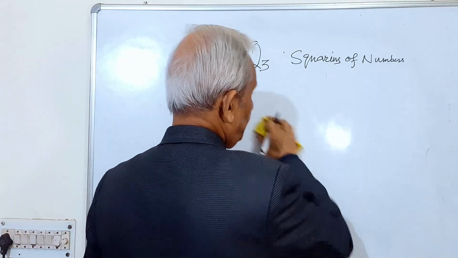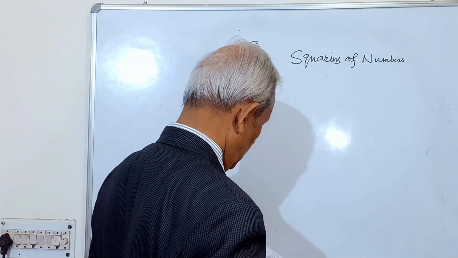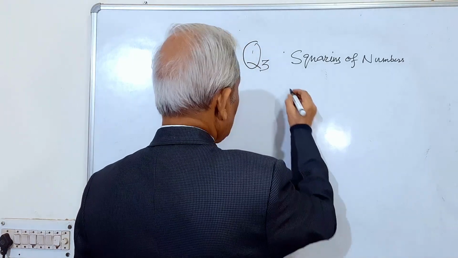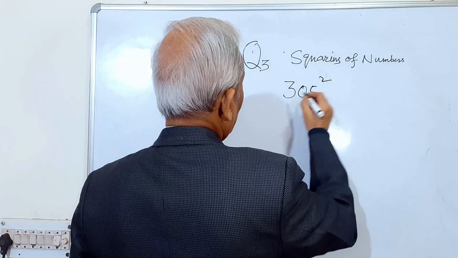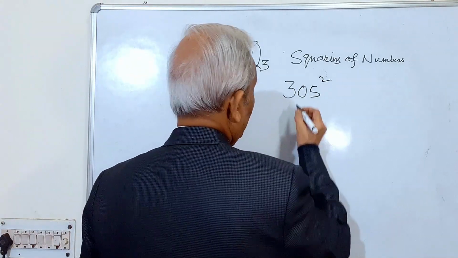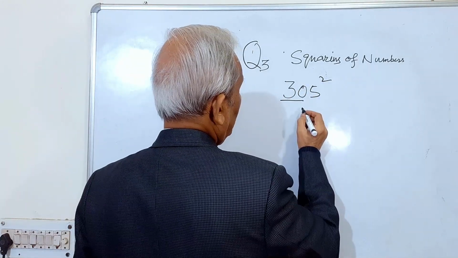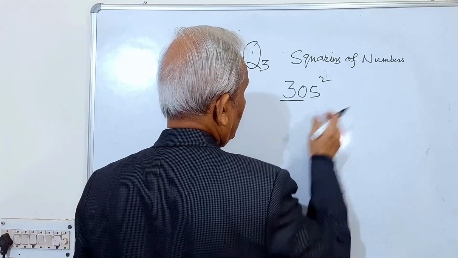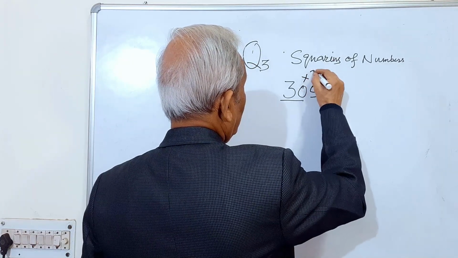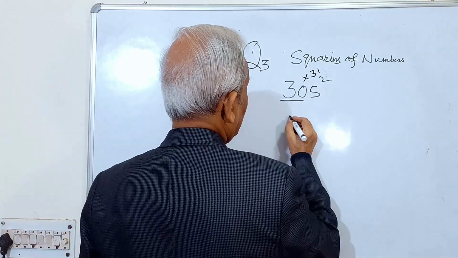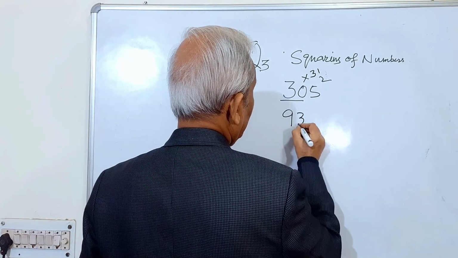Similarly, 305 square. So here what you will be doing is again taking 30 as the tens place and 5 in the ones place. 30 into 31 is 930.